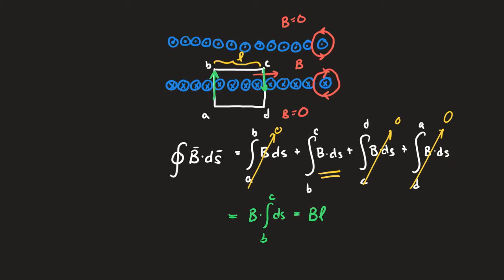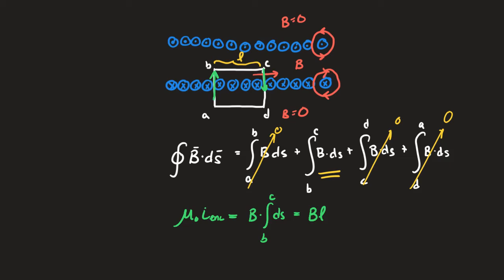Our other side here has got to be mu naught times the I enclosed. Well, the I enclosed is a little bit trickier to talk about here because in my drawing, I've encircled 4 current carrying wires. But I don't want to assume that I picked a specific number of wires.